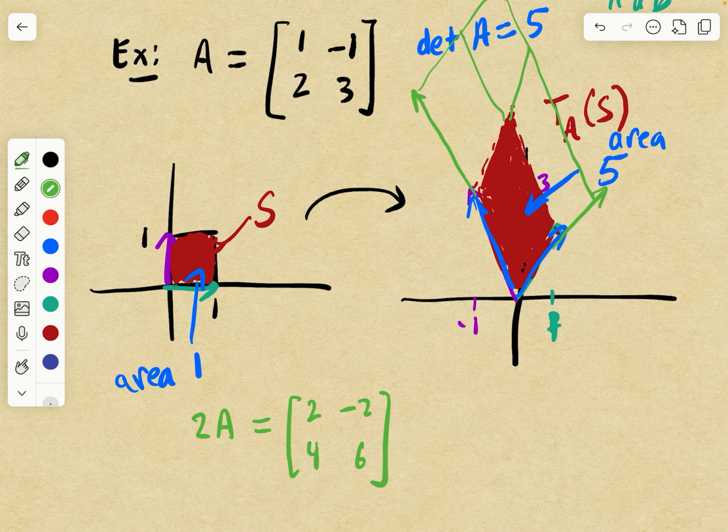I'll let you think about why that makes sense. When you replace one row by a row plus a multiple of a different row, you end up sort of sliding the region. You don't end up distorting the area.